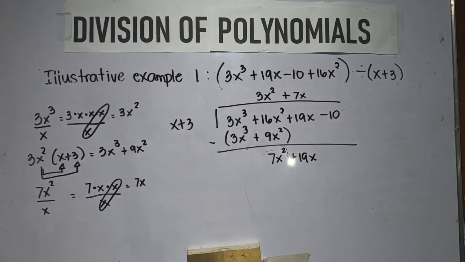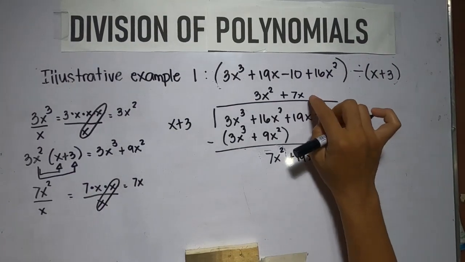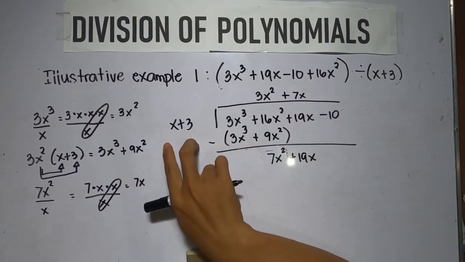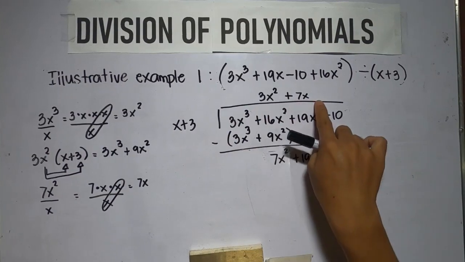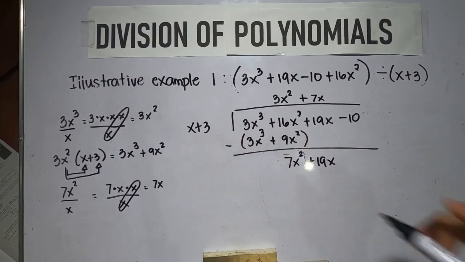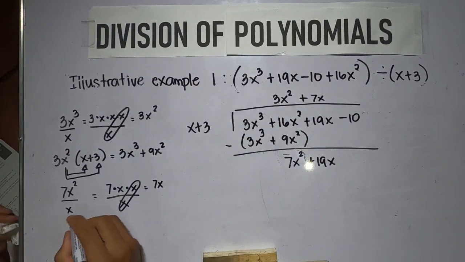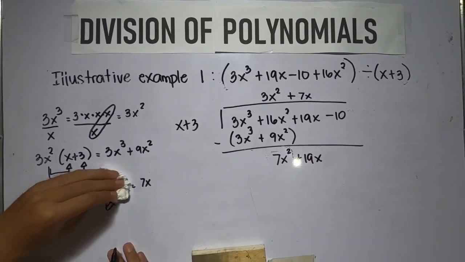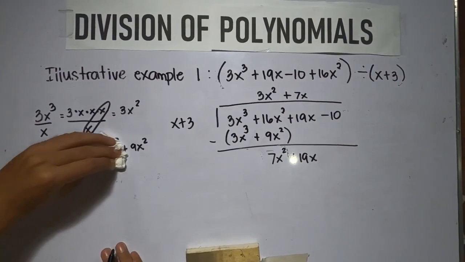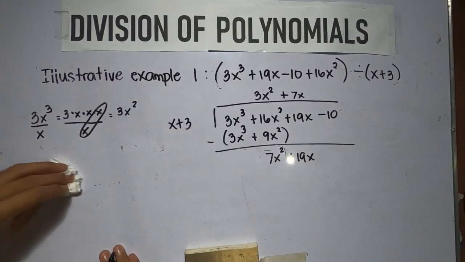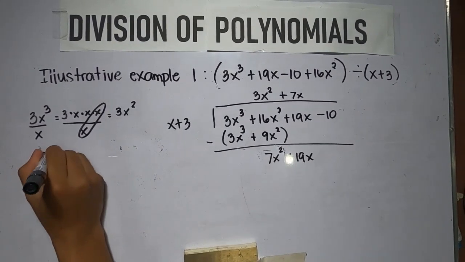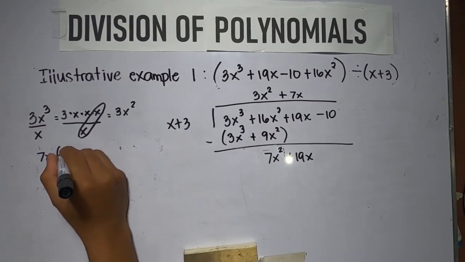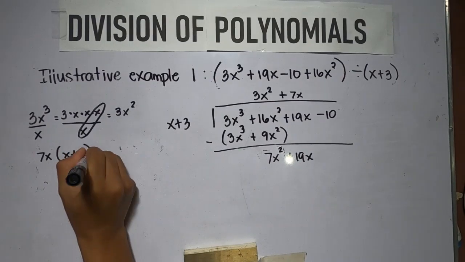Then, we multiply the result 7x by our divisor. 7x times x plus 3. That is 7x multiplied by x plus 3.